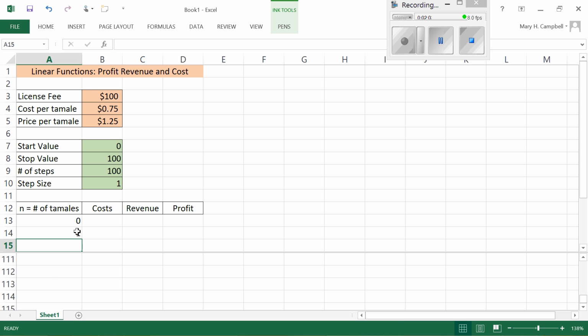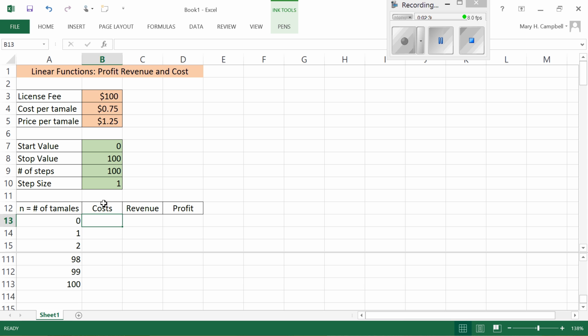And so I can click here on my formula, so this will be the second row of my table, not the first row, and then shift click on A113, and then we can fill down, which I'll do with a Control D. Then I can adjust my table if I miscounted, but I started on row 13, so I'm going to end on row 113. That'll give me 100 rows, and my start and stop values control my starting and stopping values in my table.